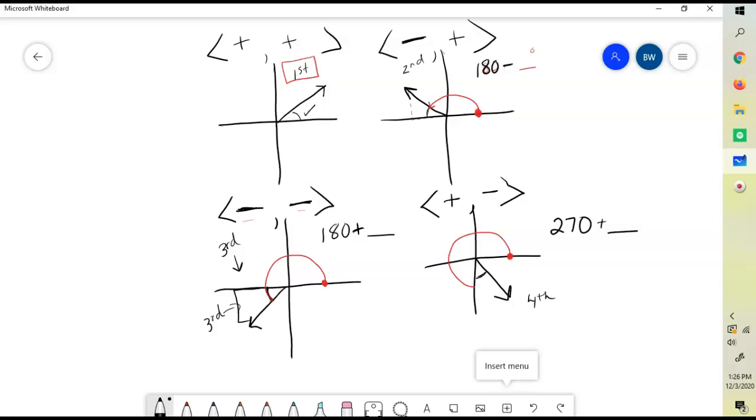You can also think of it in relation to a full circle, 360, if that is easier. So hopefully those formulas are helpful to you in figuring that out.